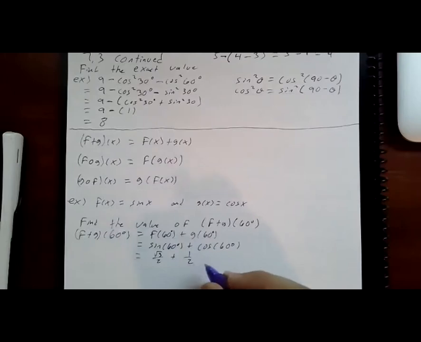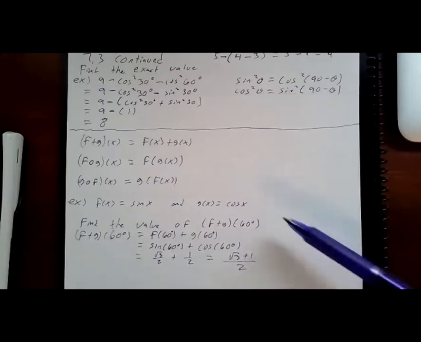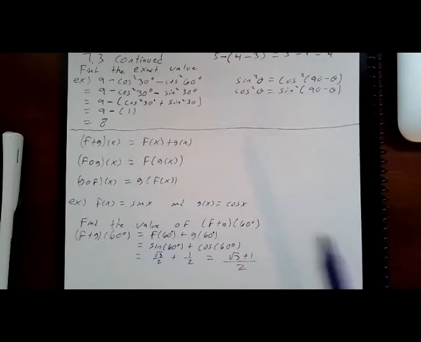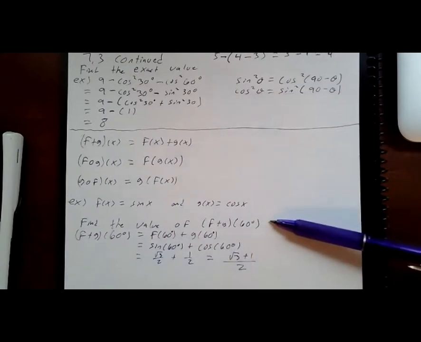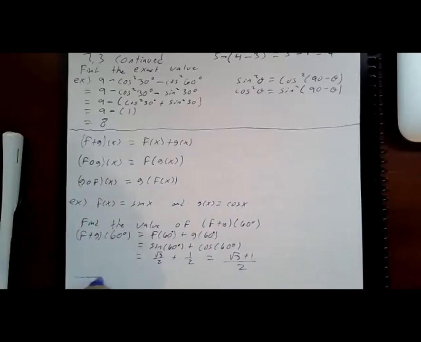And as simple as this gets, it's going to be root 3 plus 1 over 2. So don't let this question confuse you. All it really was asking was add these guys together. It's just the notation was coming from the class before this, making it seem more difficult than it should be.